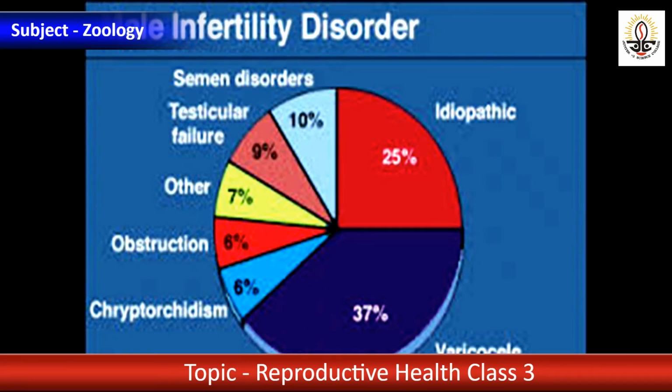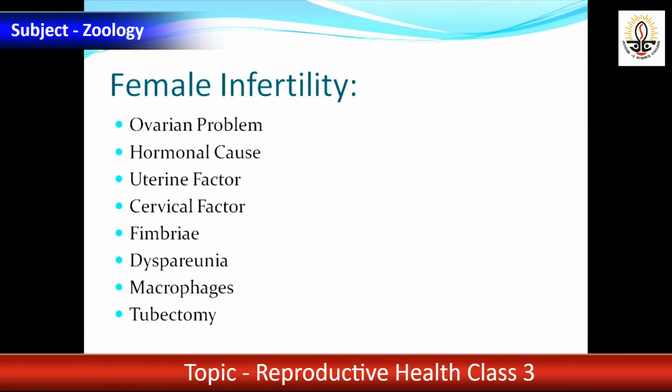Now male infertility disorder: semen disorder 10%, testicular failure 9%, other 7%, obstruction 6%, cryptorchidism 6%, varicocele, high scrotal temperature, that is one of the major causes of infertility in male, 37%.